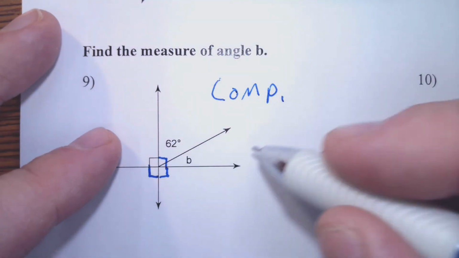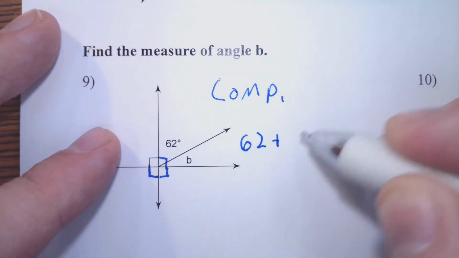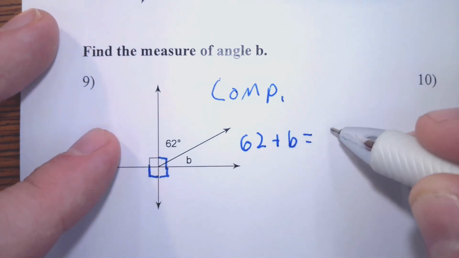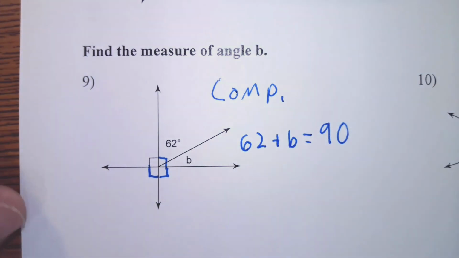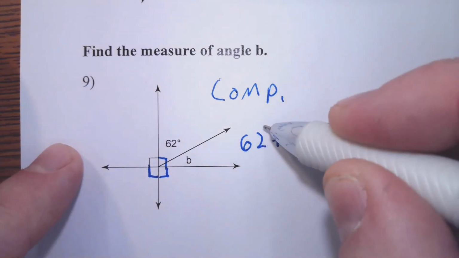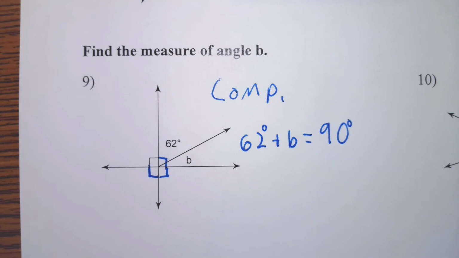If they're complementary, I'm going to add the two angles, and they equal 90 degrees. And so we should be able to find out what B is going to equal. And I think when I wrote down complementary the other day, didn't I write angle 1 plus angle 2 equals 90 degrees? Yeah, that's why I wrote it, because that's the formula, right? In this case, it's a definition that gives you the formula.